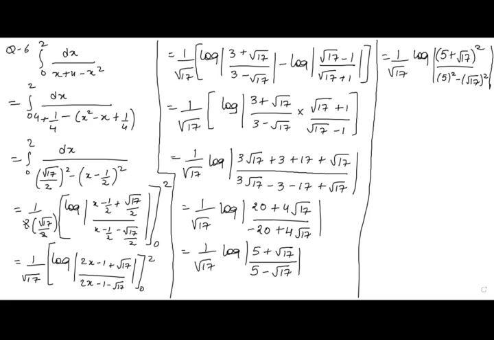The numerator gives a square plus 2ab plus b square, whereas the denominator will be 25 minus 17.